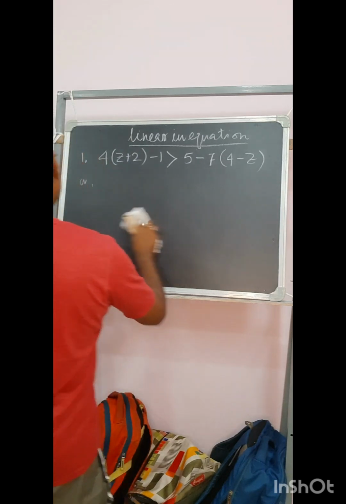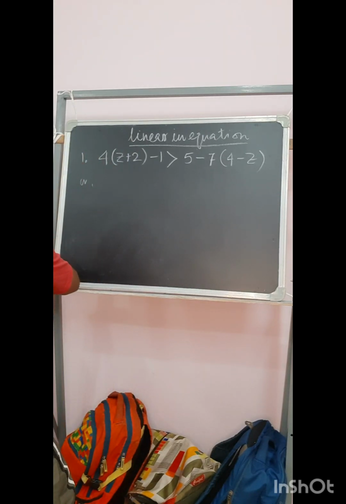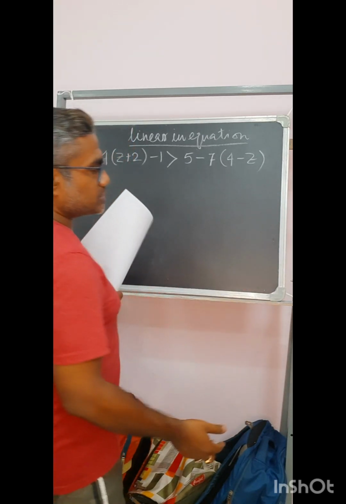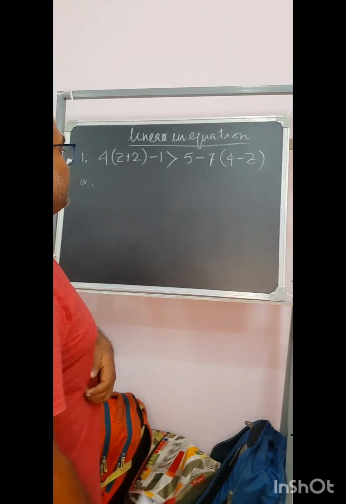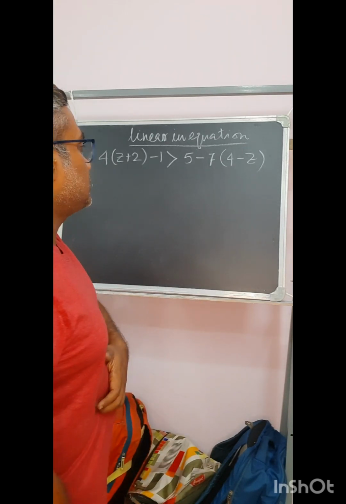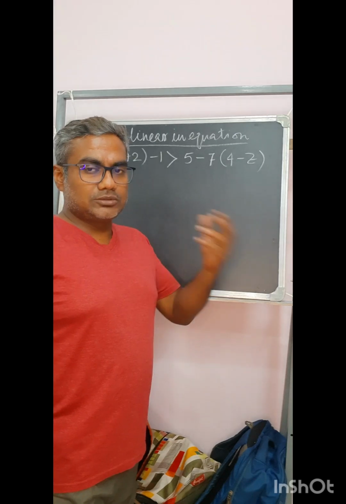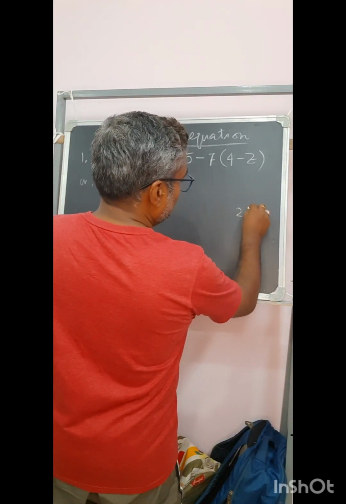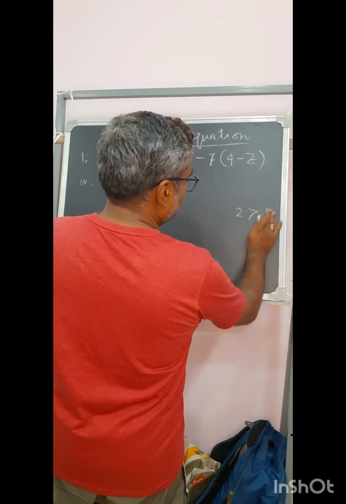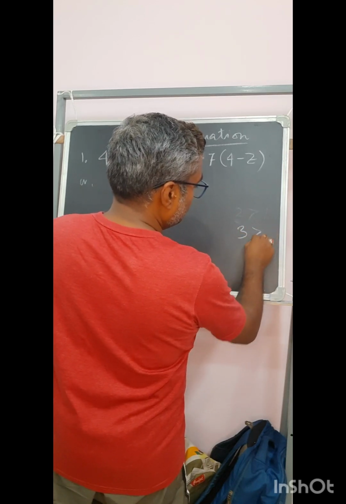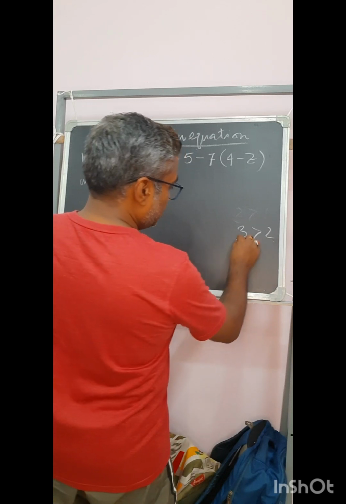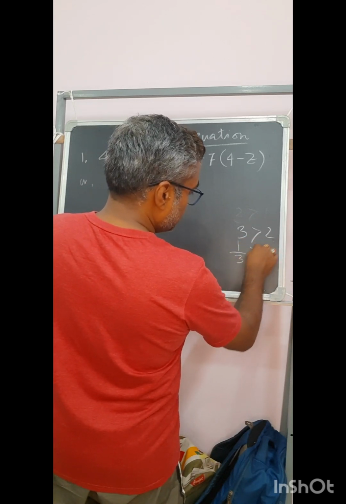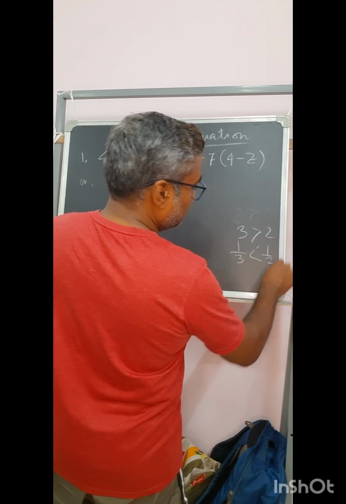So if you practice more, you can understand, or there may be some specific rule that I can tell, but in that case you will not use your own brain, because why I'm saying it is very natural. If it is 2 greater than 1, or let's say 3 greater than 2, that we know numerically, so 1 by 3 is less than 1 by 2, that you know also.